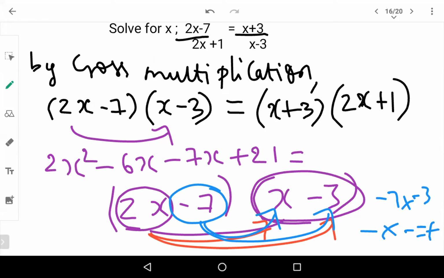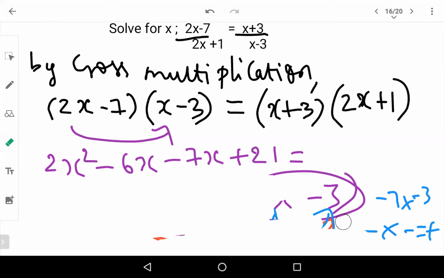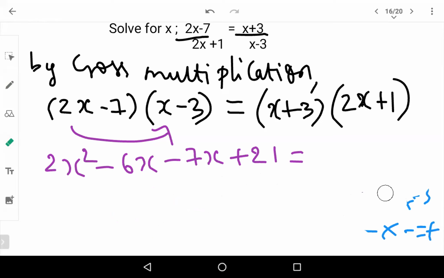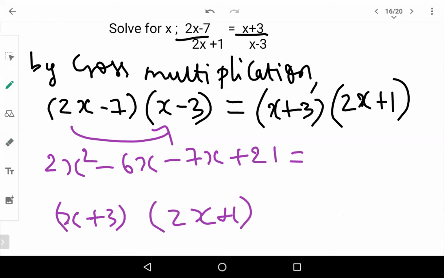Everybody understood? Everybody understood the first part of it? How did I get LHS? Okay. Now let us go to the RHS part. Now in RHS, the expression is x plus 3, 2x plus 1.